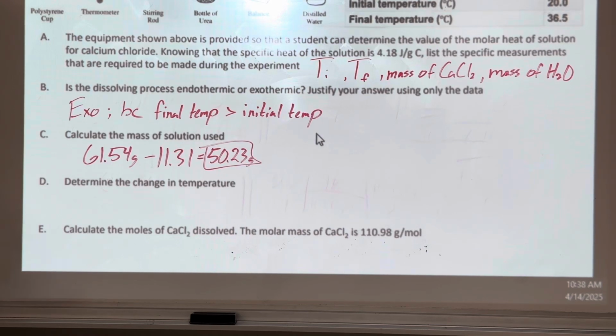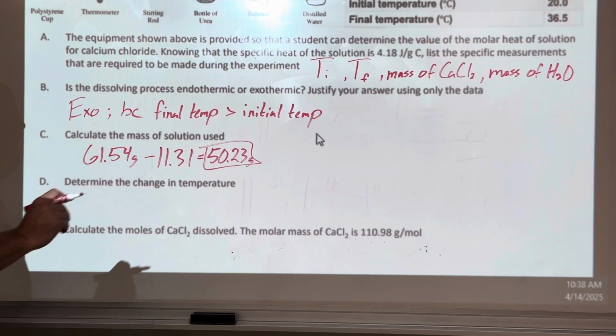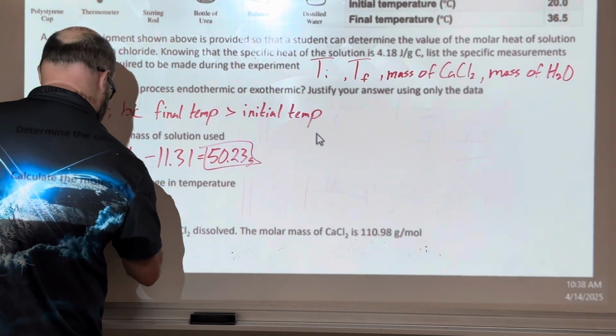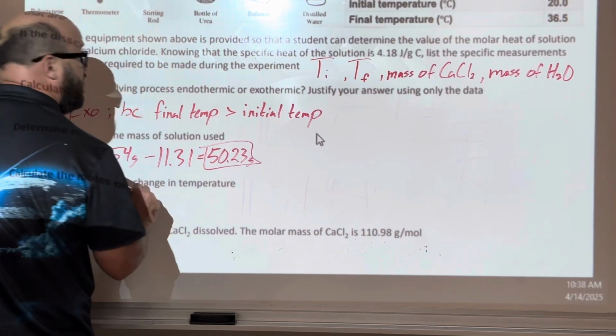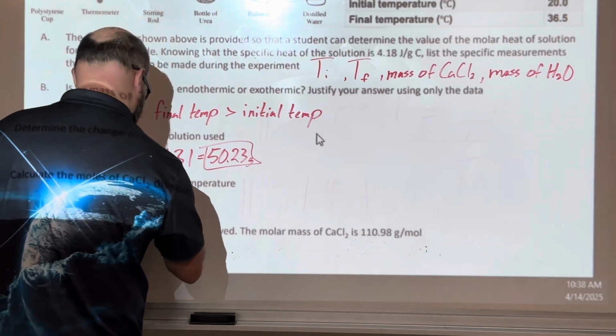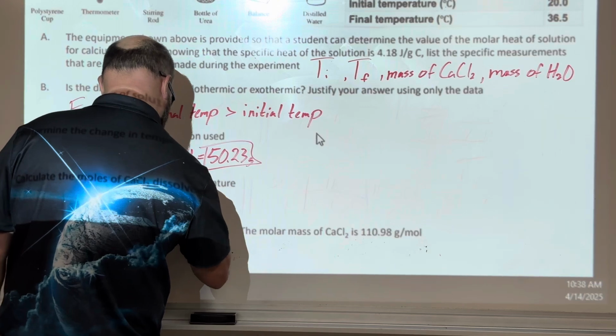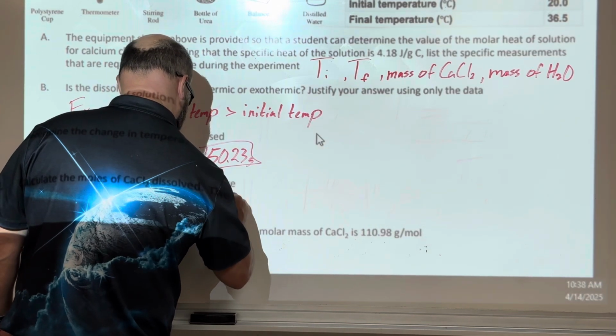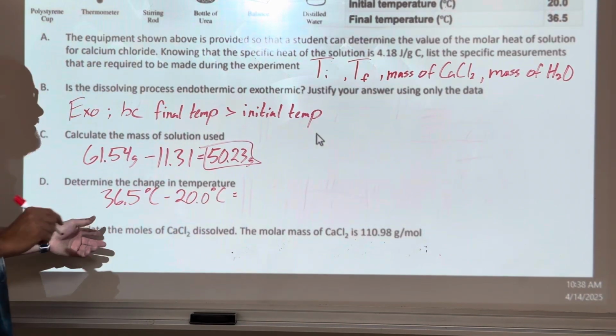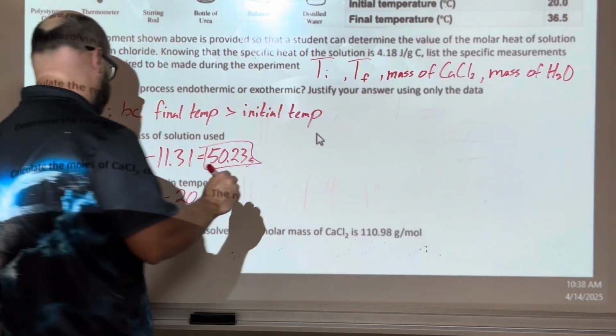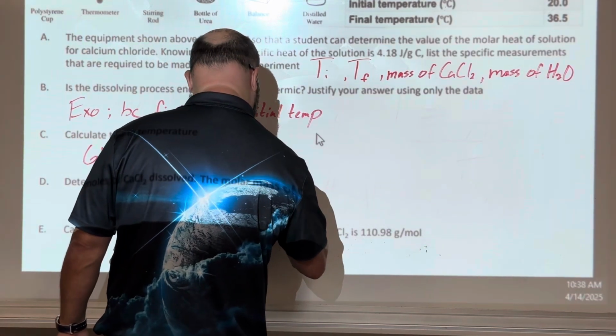Determine the change in temperature. Again, final minus initial. 36.5 minus 20. We probably don't even need a calculator for this one. 16.5 degrees Celsius.